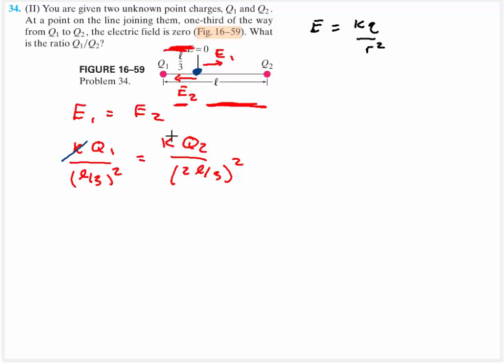You can see the k's are going to cancel out, and the L's are going to cancel out. Since I'm looking for the ratio Q1 over Q2, it's just a little bit of algebra. I would essentially say 9Q1 is going to be equal to 9Q2 divided by 4. So that tells me that Q1 divided by Q2 is simply going to be 1/4.